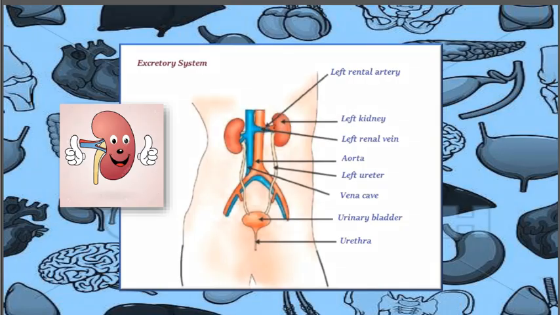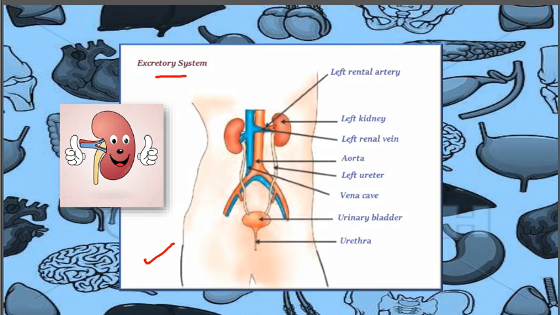This is the basic figure of the excretory system in human beings. It is already given in your textbook as figure number 6.13, and you already drew this figure in the UT paper. So you have to remember this figure of the excretory system.